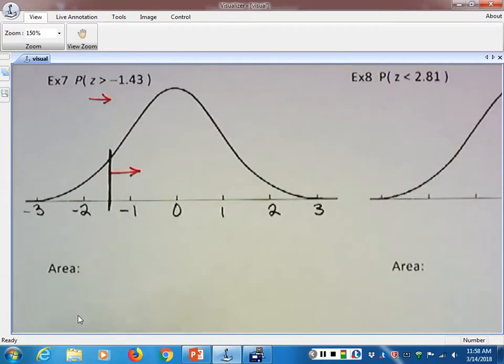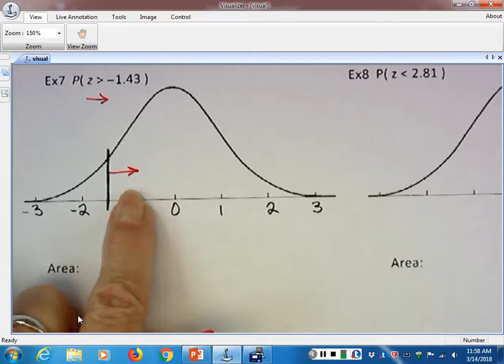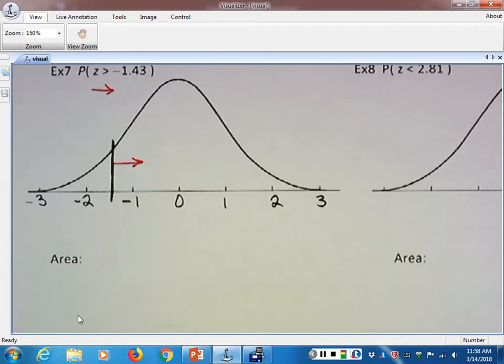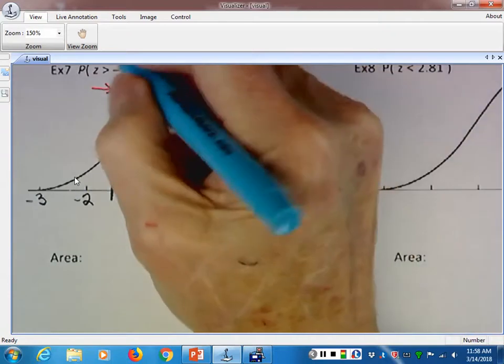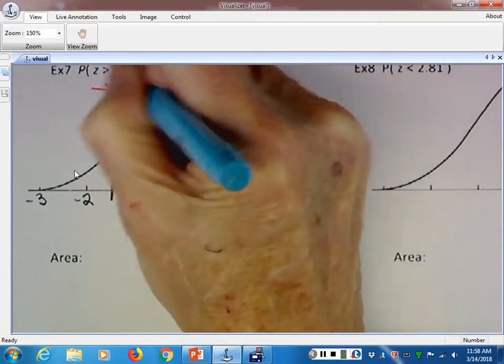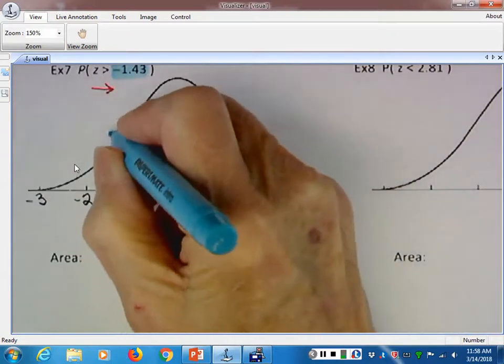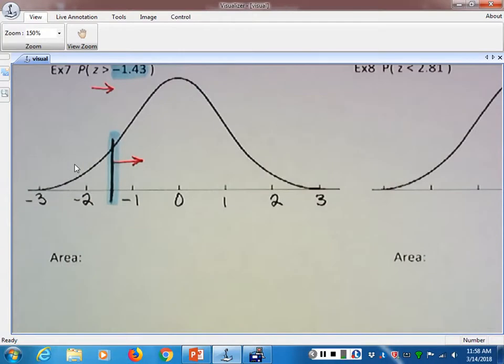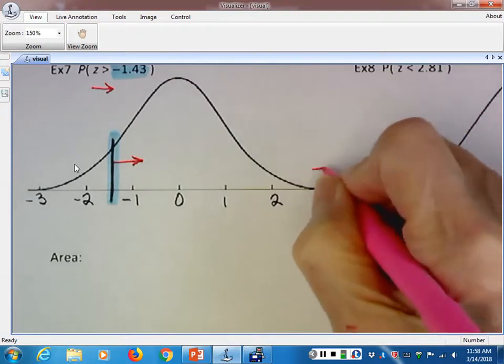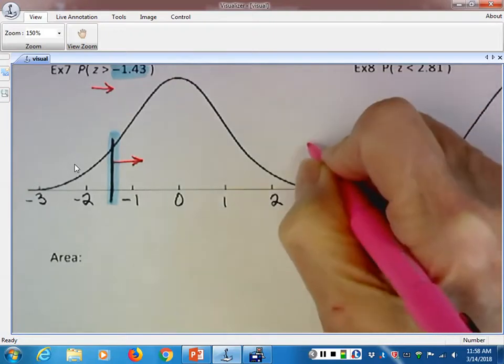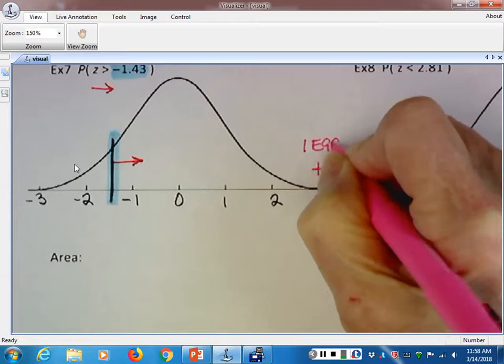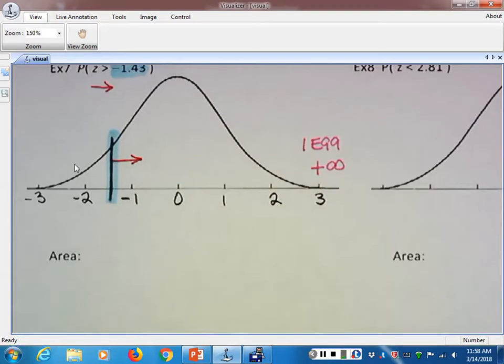Your greater than symbol is the arrowhead, telling you what direction to go. And since we're going up, that tells us that this negative 1.43 is our lower boundary. Okay? And our upper boundary is going to be positive infinity, which is 1e99. So there's your low and your high.